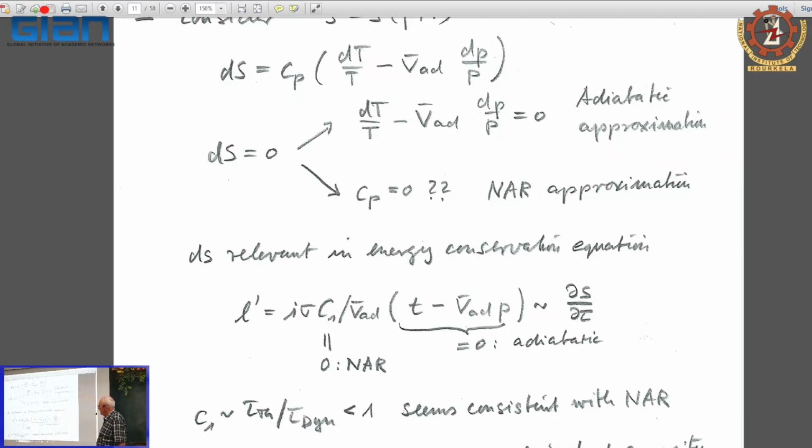So we can make this time derivative of the entropy 0 either by requiring adiabatic changes of state. This corresponds to the first possibility, or we can make it 0 by requiring that this term here, that means essentially the C1, is equal to 0.